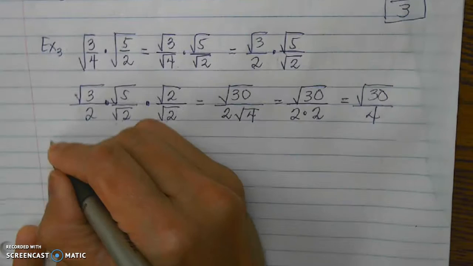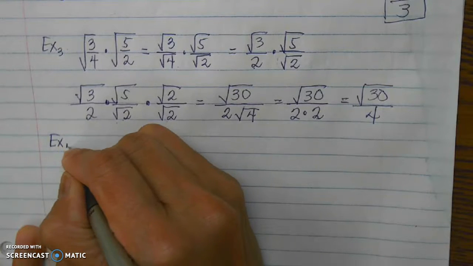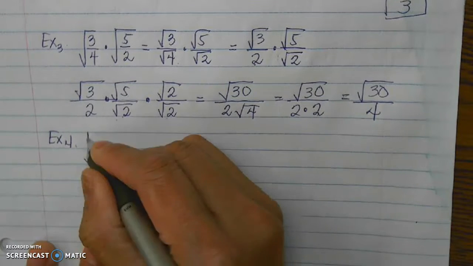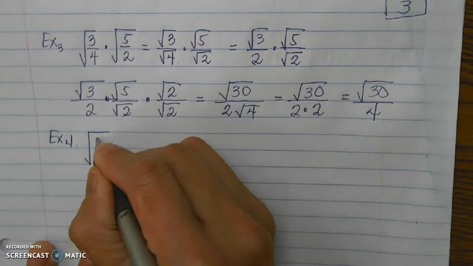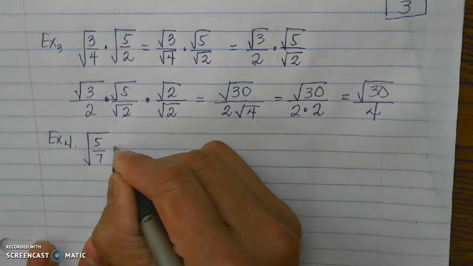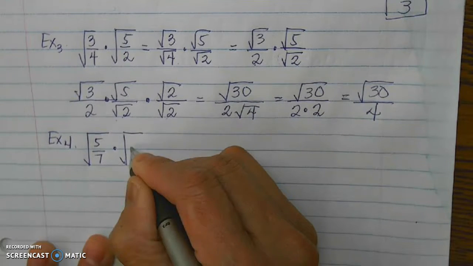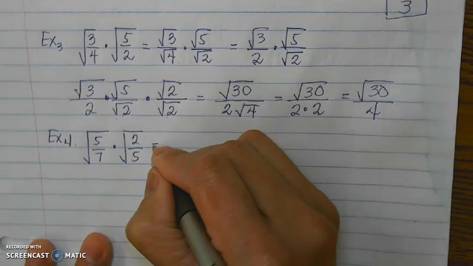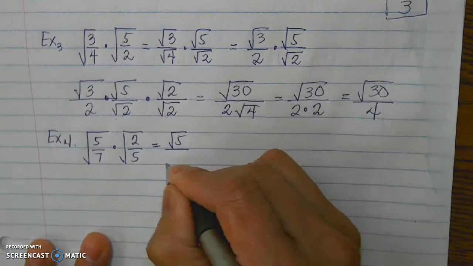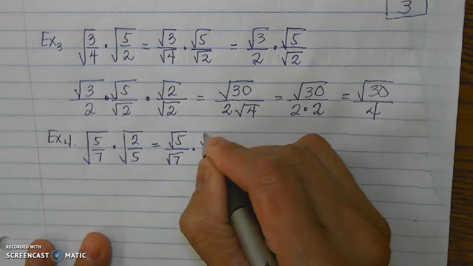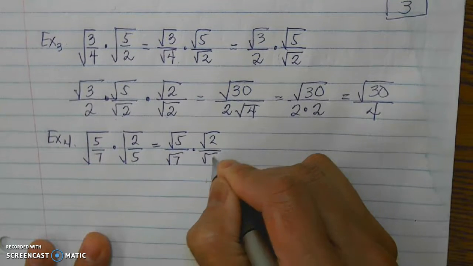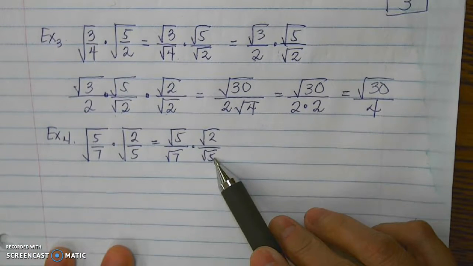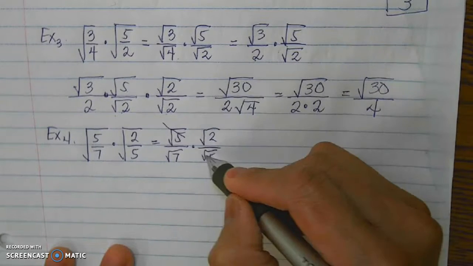Okay, per my example number 4. I want to use square root of 5 over 7 times square root of 2 over 5. We all know that we can break this into square root of 5 over square root of 7 times square root of 2 over square root of 5. I'm looking at this and I'm thinking I can cross this out because it will turn to a 1.